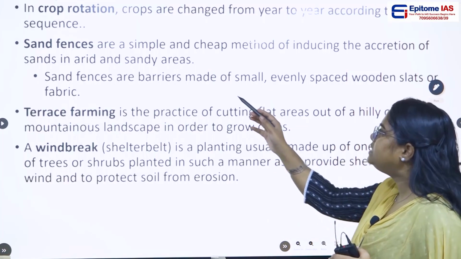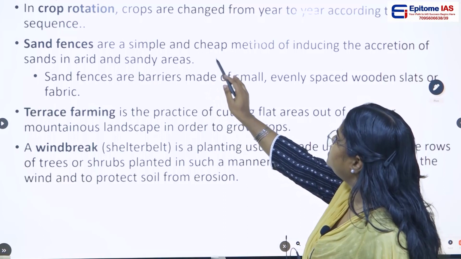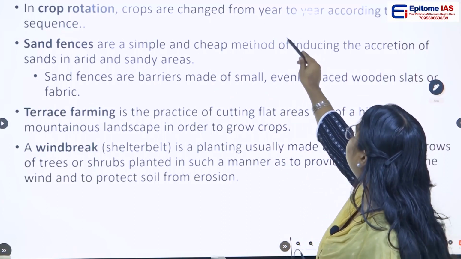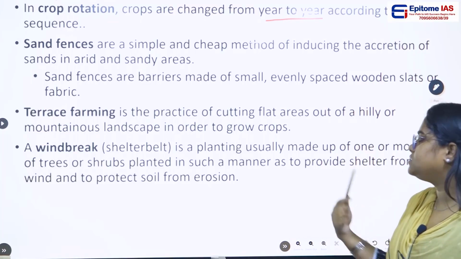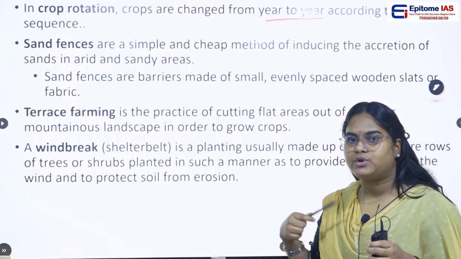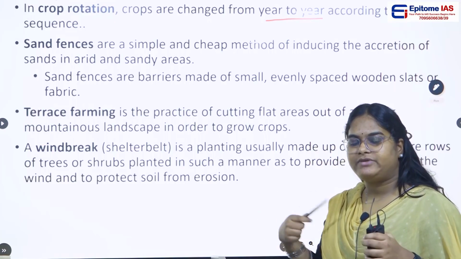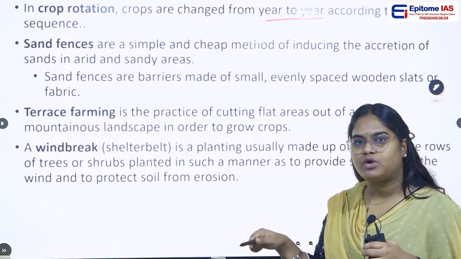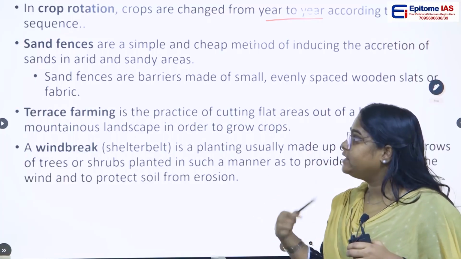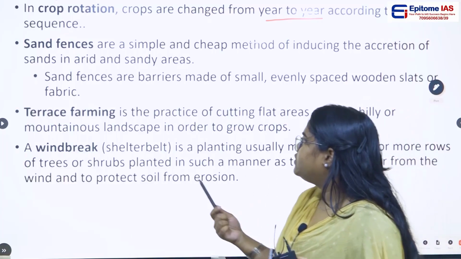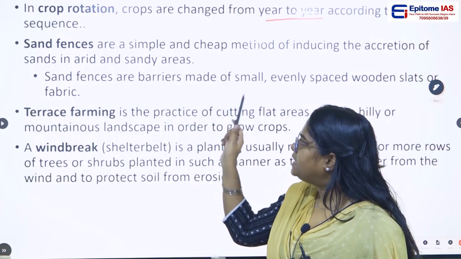So yes, if you see here, in crop rotation, crops are changed from year to year according to a planned sequence. Different crops are cultivated in different times. They are not using the same crop. They are not cultivating rice again and again. They are changing the types of the crops which are cultivated in a particular land.